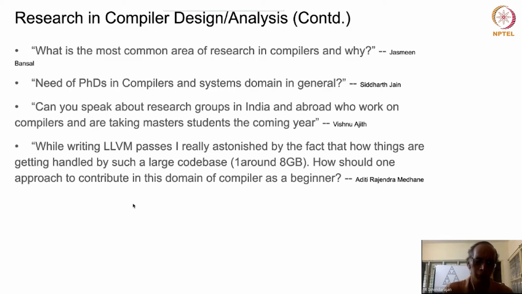There are also other people at IIT Kanpur like Abhay, at IIT Madras we have Rupesh, and at Delhi we have Saurav Bansal. So there are so many people. And at IISc now we have another Uday Reddy, who works in polyhedral compilation. So there are many faculty who work in compilers and related areas, and they are all interested in hiring students. And there is lots of exciting work happening in compilers across India.